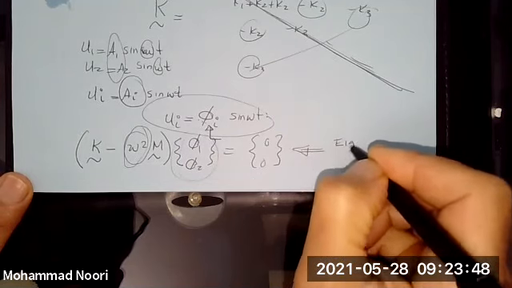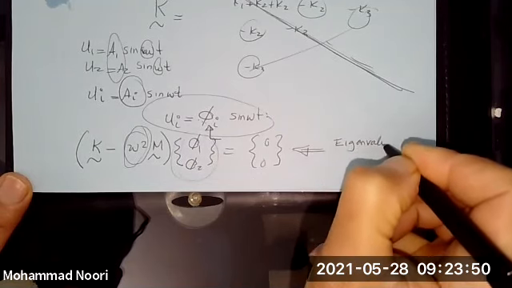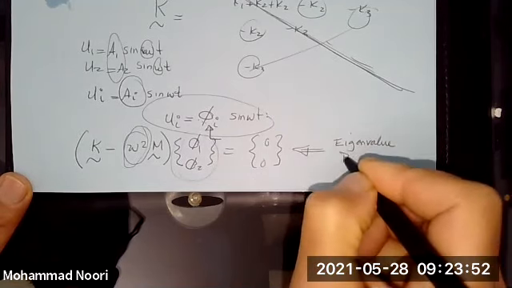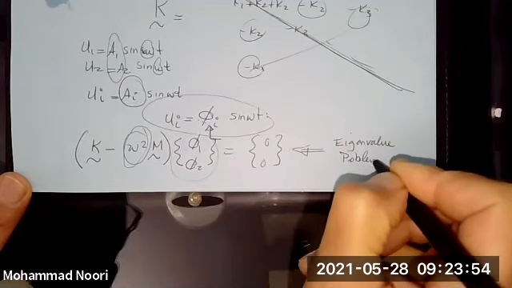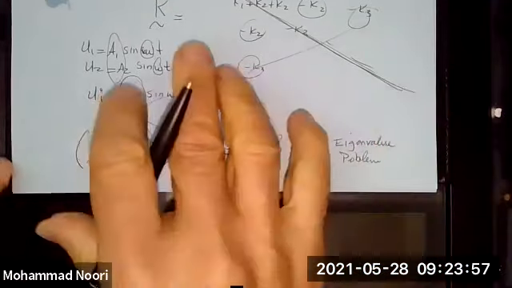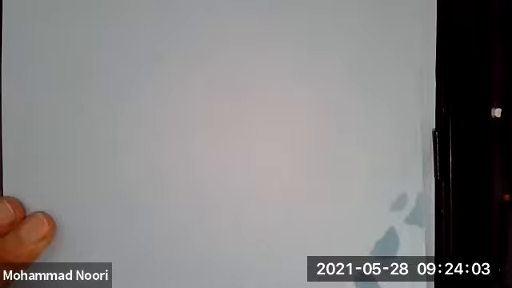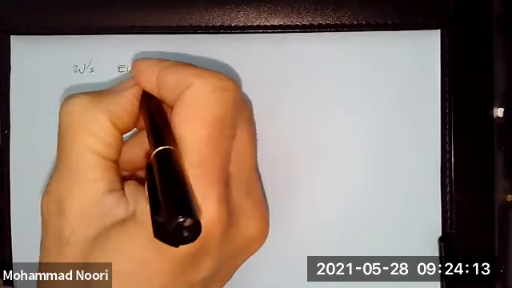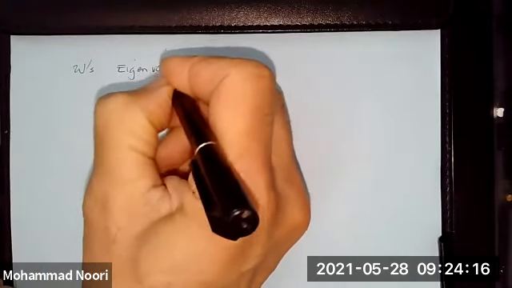This was an eigenvalue or eigenproblem. I don't know if you remember that, where in an eigenvalue problem, the omegas that you're trying to find were eigenvalues.